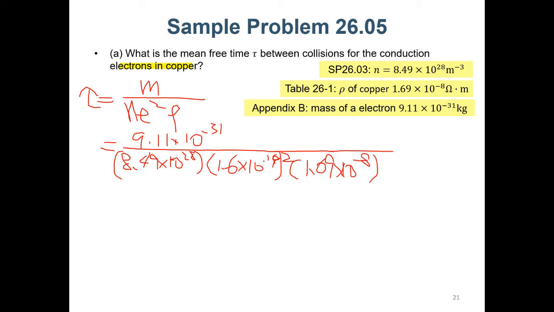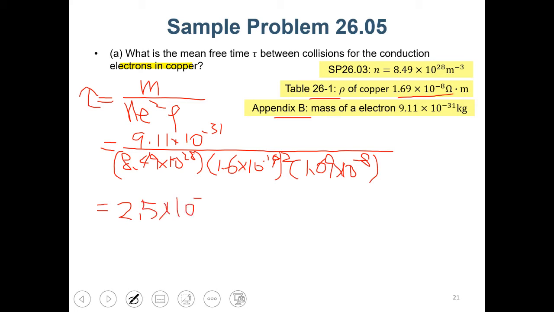We can check all the numbers in Table 26.1 and Appendix B. So we have 2.5 times 10 to the minus 14 seconds, which we can write as 25 femtoseconds, a very short period of time.